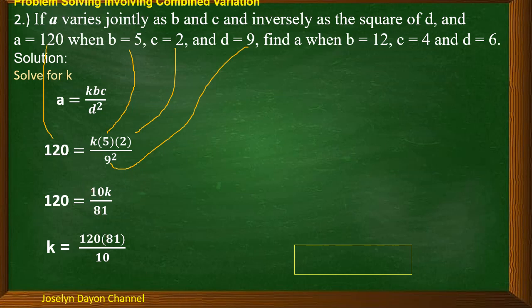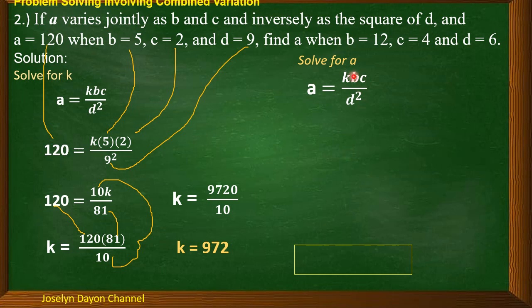So this is 120 multiplied by 81, and this 10 will be the denominator. Now let's simplify further. So we have 120 times 81, that is 9,720, and divide it by 10. So our answer here is 972. So the value of k is 972.